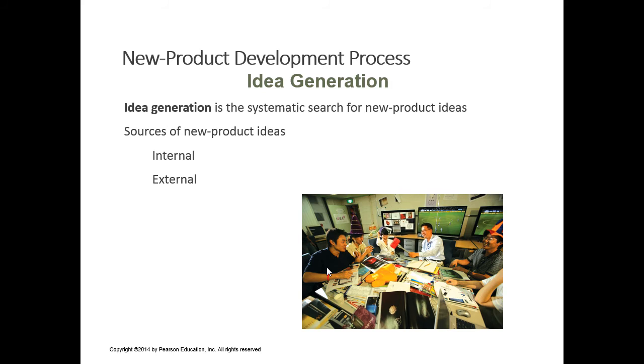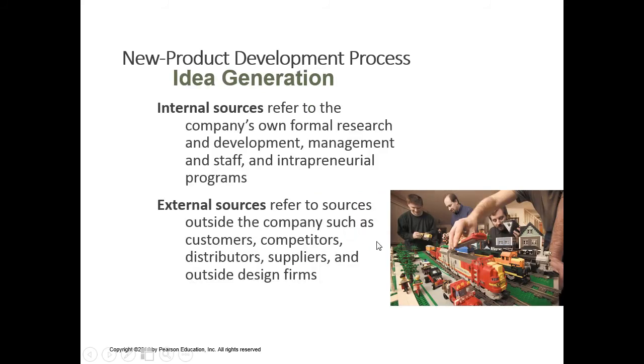But again, the important point, some of these ideas come from inside the organization and some come from outside the organization. And so some of these sources can obviously be, for example, a place like Google. I think they allocate about 10-15% of each individual who works there. Their time is allocated for them to work on projects other than what their current job is.